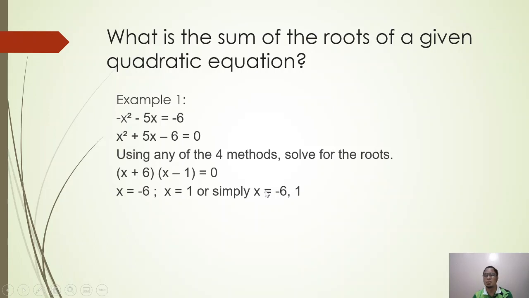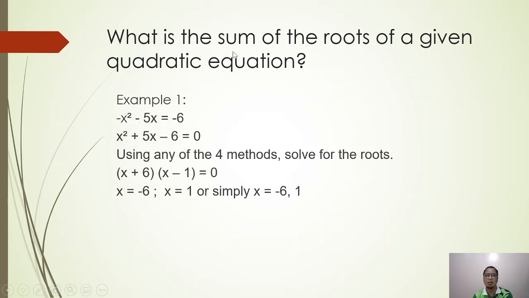May mga nagtatanong, Sir, paano yon? Yung pong ating roots, bakit iisa lang yung pagpipilan? Kasi magkasama na. Ito, x equals negative 6, ayun. So, separated by a comma here. We have here now the next one, 1. The value of x or the roots of this quadratic equation are negative 6 and 1.